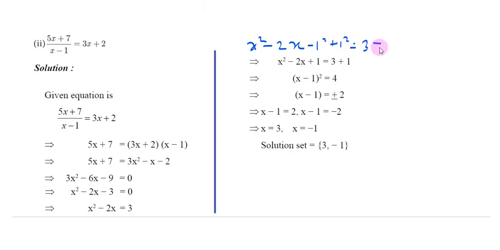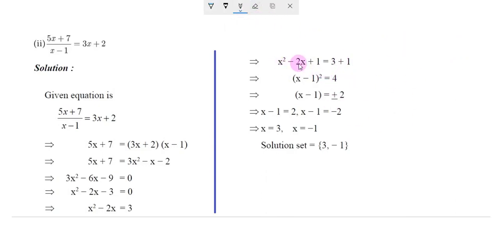Now the next step will be x square minus 2x plus 1, I keep inside, so plus 1 square value 1 equal to 3. Minus 1 square, you know, so move this term to the right side, so plus 1 square value 1, so that the next step comes. Understood? So x square minus 2x plus 1 equal to 3 plus 1.